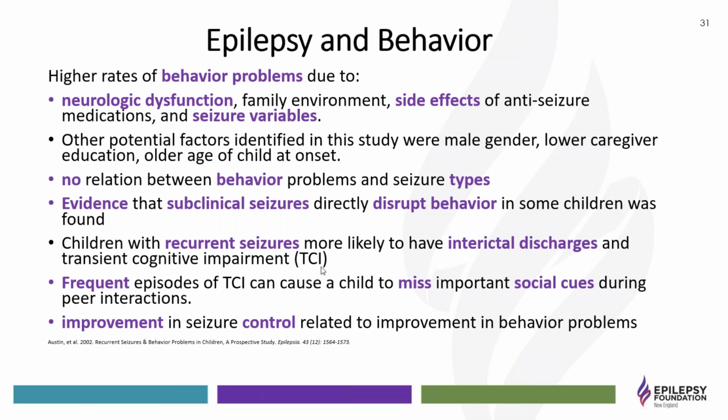This is why a lot of children with epilepsy also fall on the autism spectrum, because these interictal discharges or transient cognitive impairments are causing them to miss important social cues. And as you can imagine, their seizure is taking up time and attention in their brain. So they're missing those day-to-day interactions that provide those cues that you and I all learn: facial expressions, body language, as well as what is spoken.